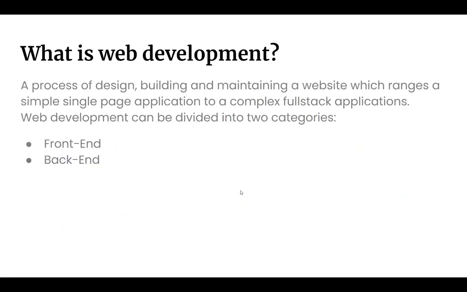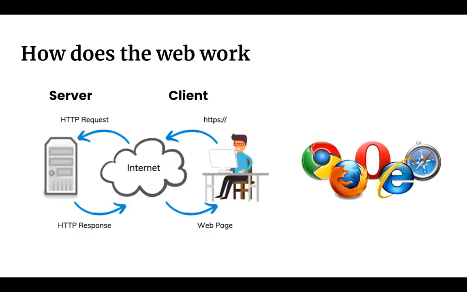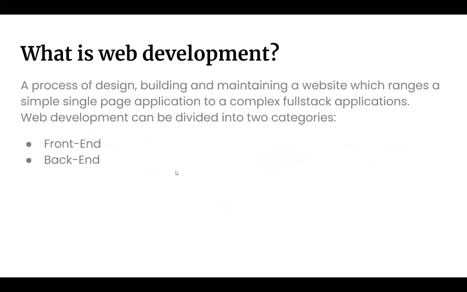What is web development then? If you remember, we talked about how the web works: this is the back end or server side, and this is the front end or client side. Now, what is web development? I think I can just read this because it's a very important text.